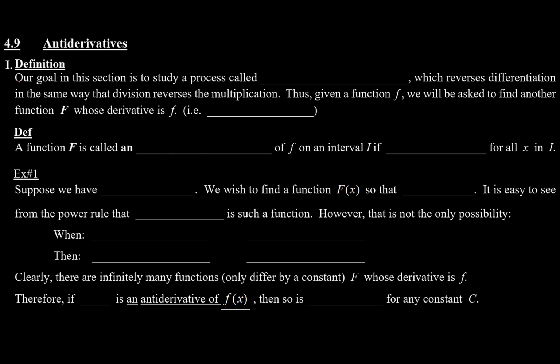Antiderivatives. Our goal in this section is to study a process called integration, which reverses differentiation in the same way that division reverses multiplication. Thus, given a function lowercase f, we'll be asked to find another function capital F whose derivative is f. Isn't that helpful? Notice the lowercase and uppercase f here.